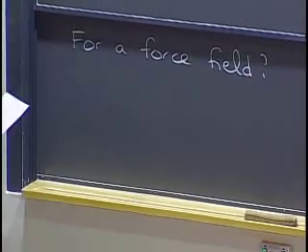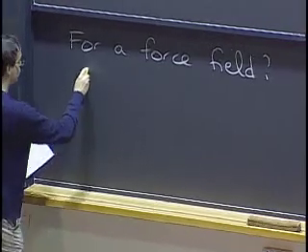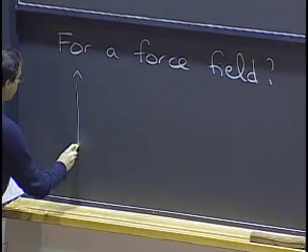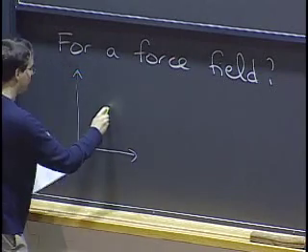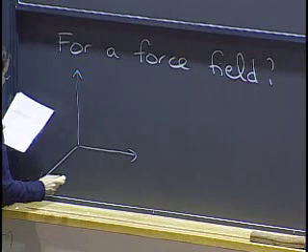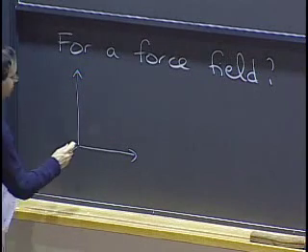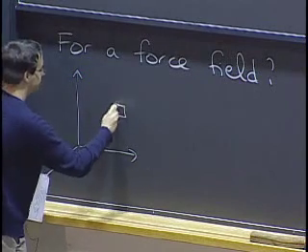I want to remind you that if we have a solid in a force field, we can measure the torque exerted by the force on the solid. So first I should remind you about what torque is in space.